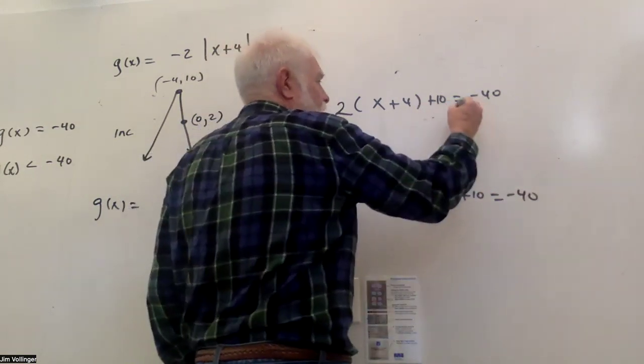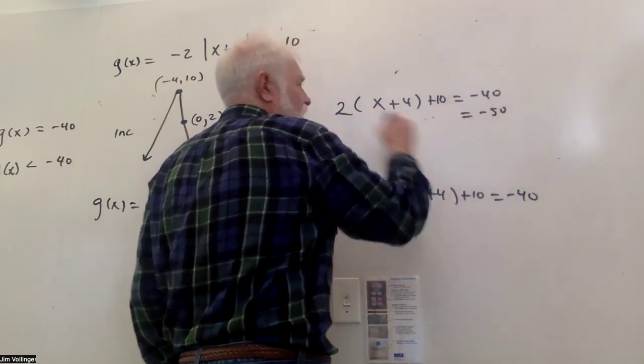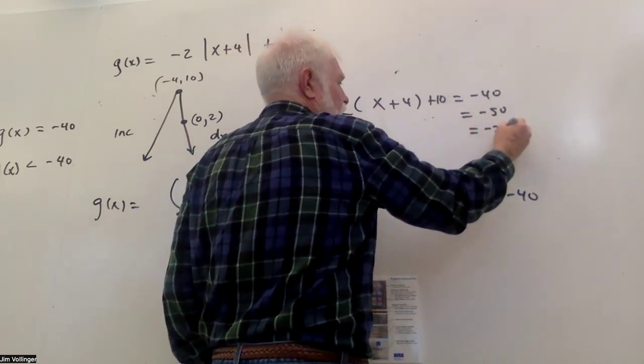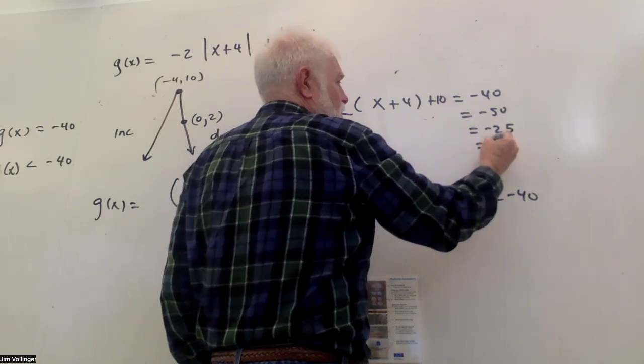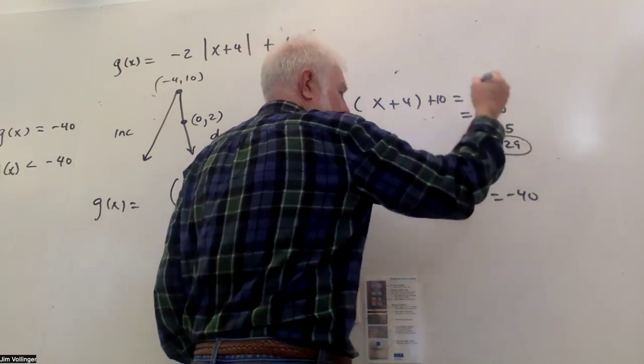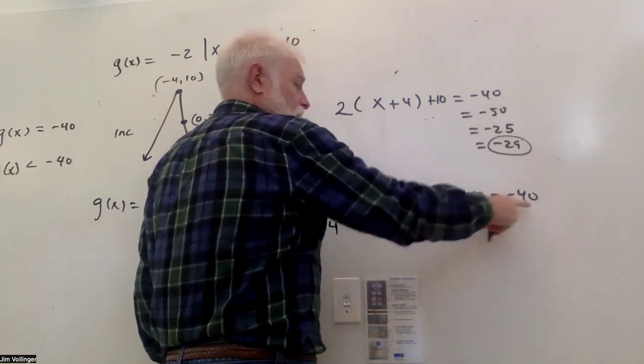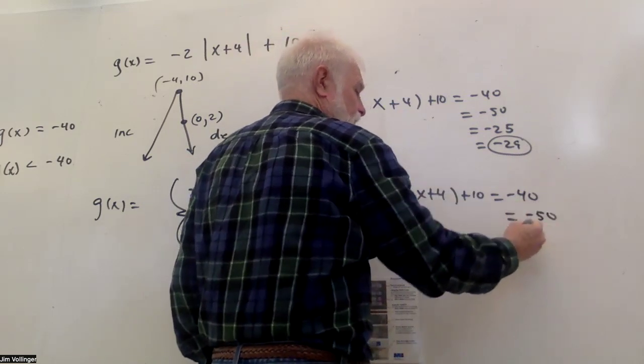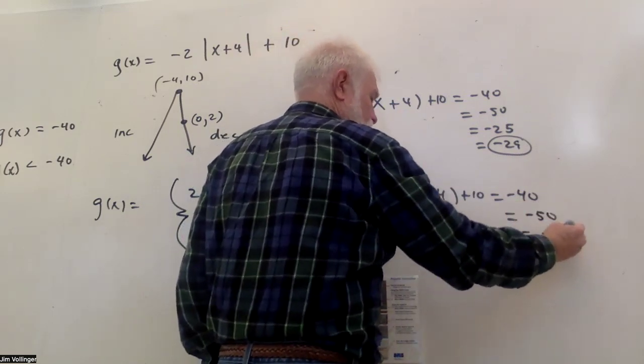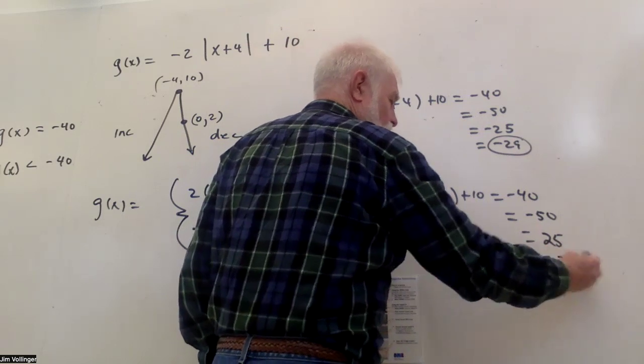So I'll subtract 10, -50. Divide by 2, -25. Subtract 4, -29. Okay. Subtract 10, -50, divide by -2, +25, subtract 4, 21.